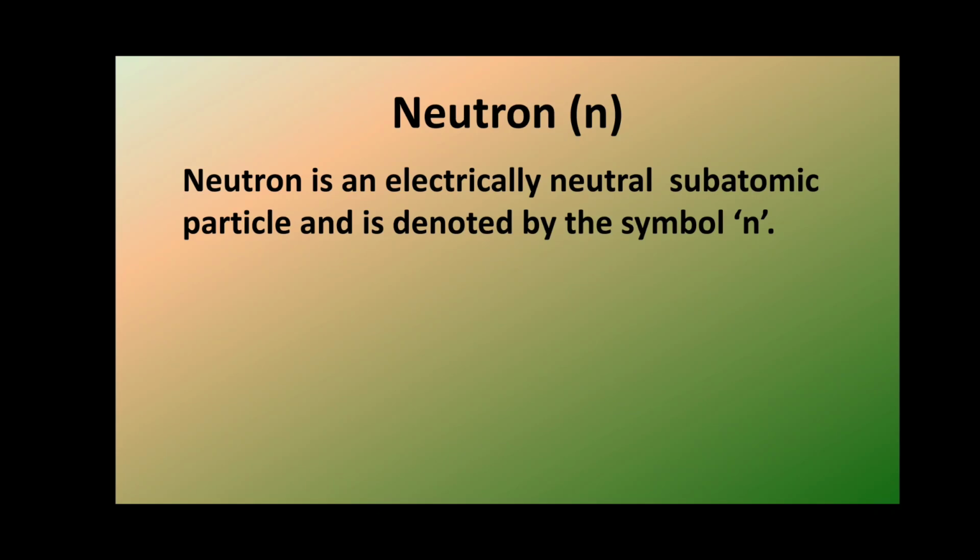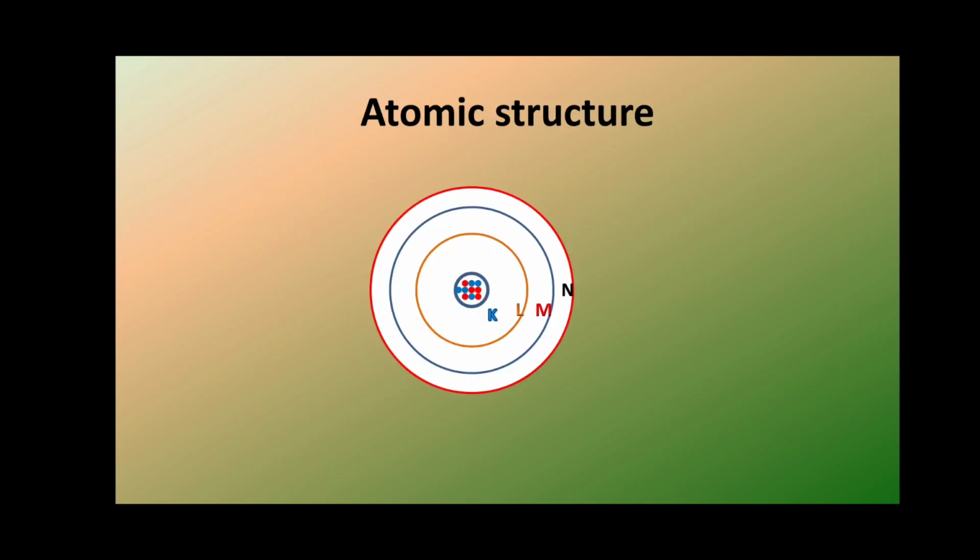So here we saw what the nucleus of an atom is. I told you that the entire mass of any atom is concentrated in its nucleus. What does it mean? Let us compare a cricket ground with an atom.